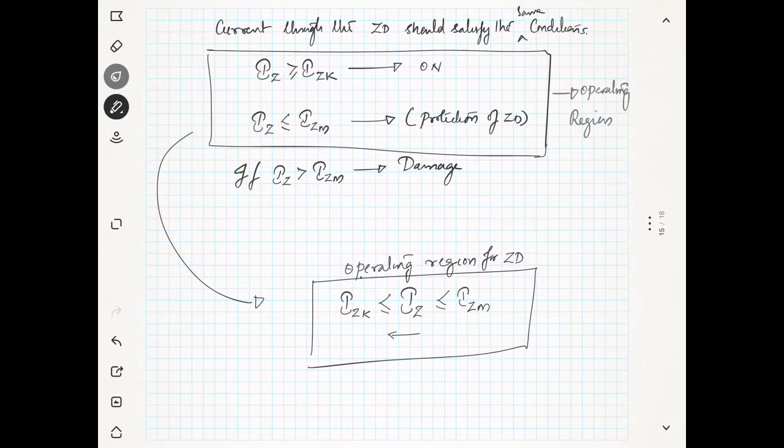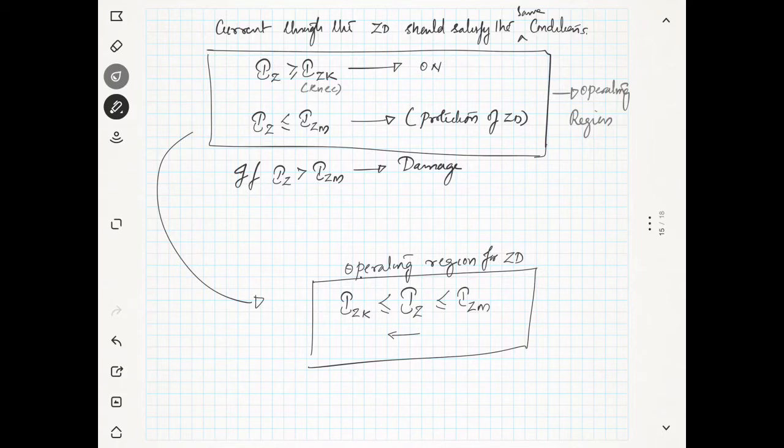Otherwise, if the current Iz becomes less than Izk, the knee current, it will turn off.